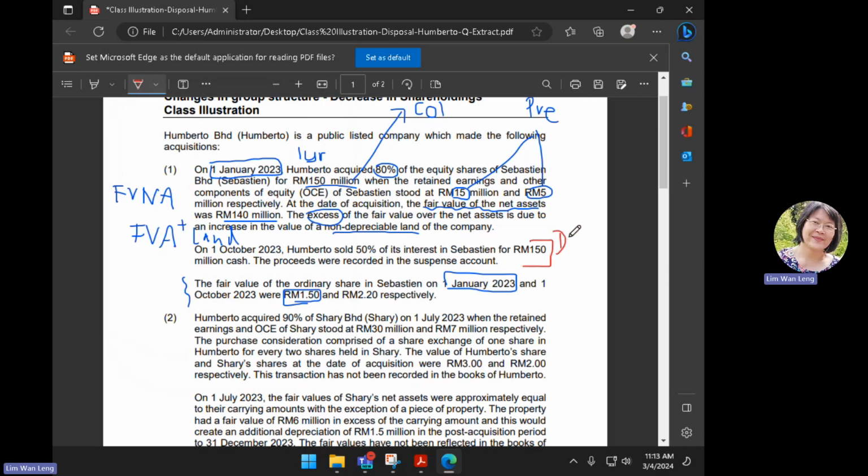This is the disposal. Humberto sold 50% of its interest. You have 80%, and half of what you own, you dispose of. So the status must be: originally 80%, then you dispose of 40%, you are left with 40% only.